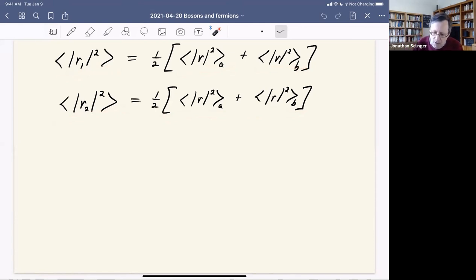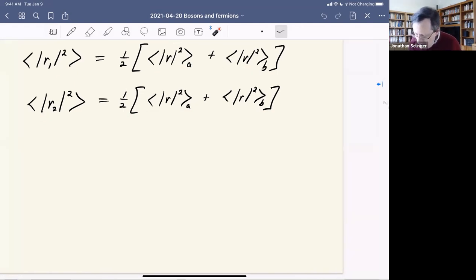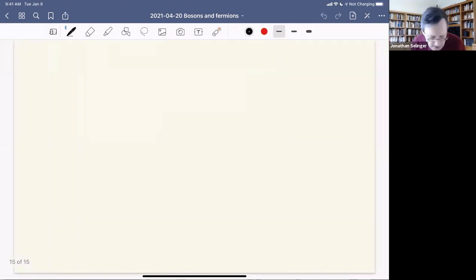And so now I'm going to try to do the remaining average that's needed, which is the average of the dot product R1 dot R2. Let's see how that goes. If we want the average of R1 dot R2, this is, as usual, an integral sandwich.